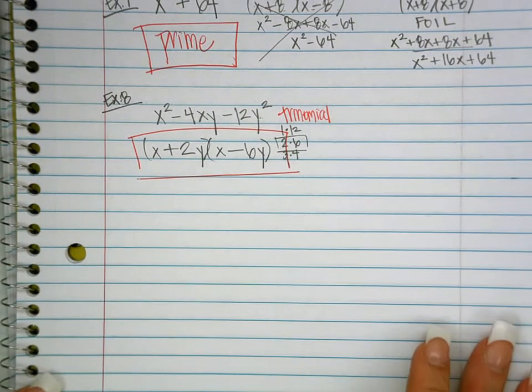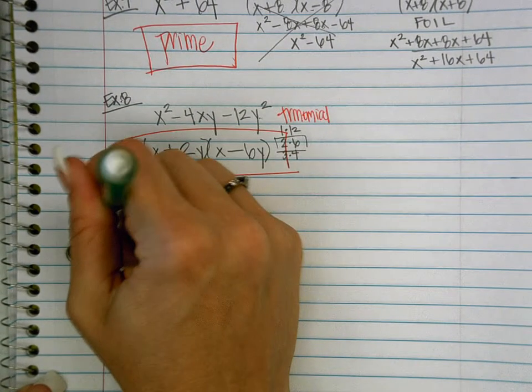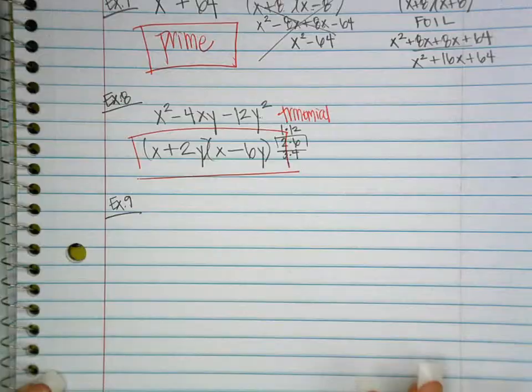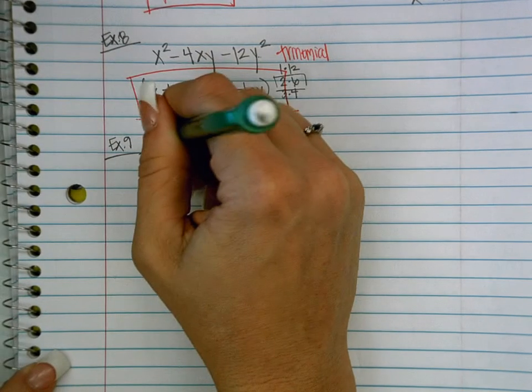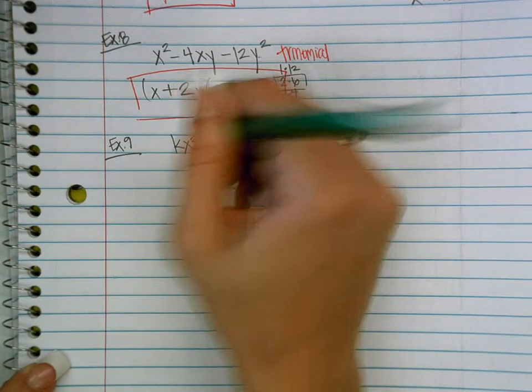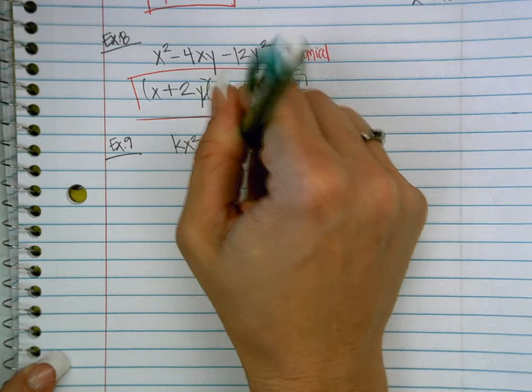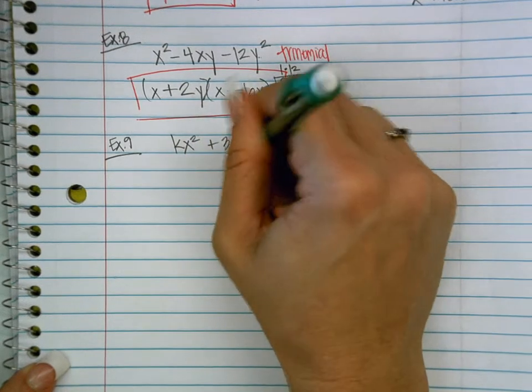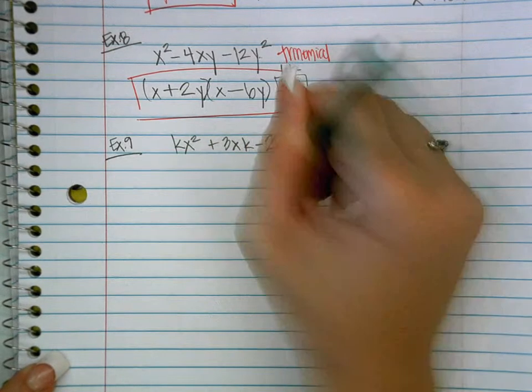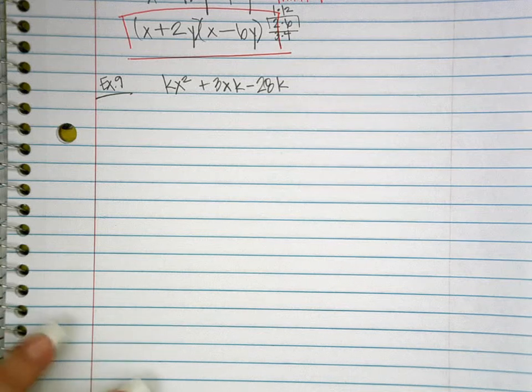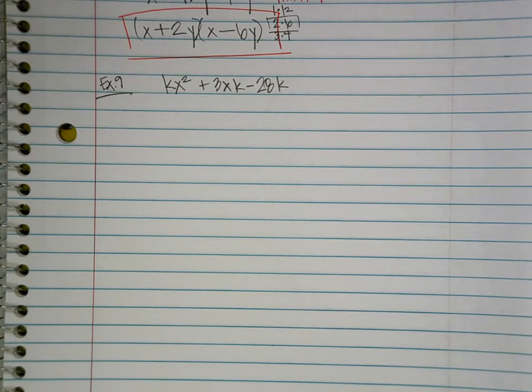Okay, let's do one more, then we'll be done. I'll let you guys have some time to do your work. I would like you to factor completely kx squared plus 3xk minus 28k.